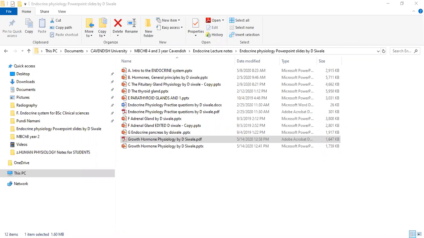Okay, we've been looking at the endocrine system. And earlier on, I gave you just an introduction. So now we'll be looking at hormone by hormone. It's important to know hormones one by one, just to know their physiology, because these hormones are also used as synthetic drugs to treat various endocrine disorders.